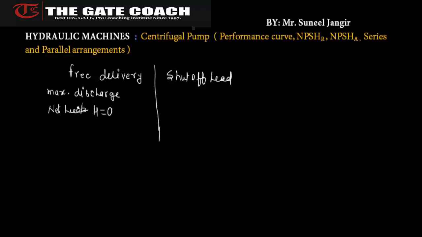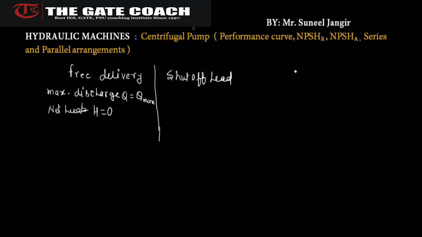So we are saying that the discharge is the maximum and the net head is 0, and this happens when there is no obstruction in the inlet and the outlet, and obviously there is no load on the pump. So in this case the net head will be 0, and the maximum discharge will occur.